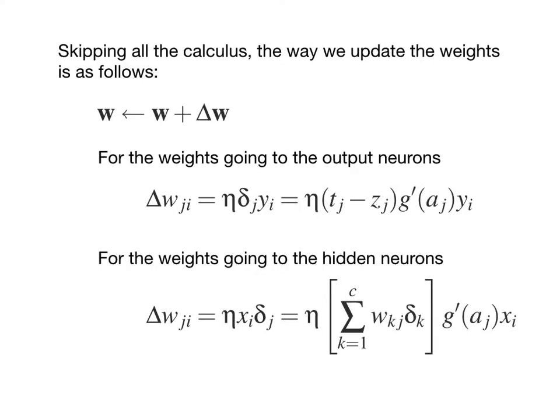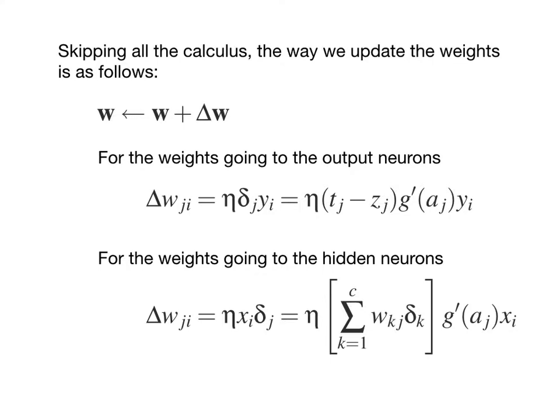So skipping all the calculus, the way that we want to update the weights is as follows. Remember, we've got our weights. Our new weight is the old weight plus the delta w. And for the delta w, if the weights are going into the output neuron, then we do it this way. The change in weight from i going into j is eta times this thing called the sensitivity.